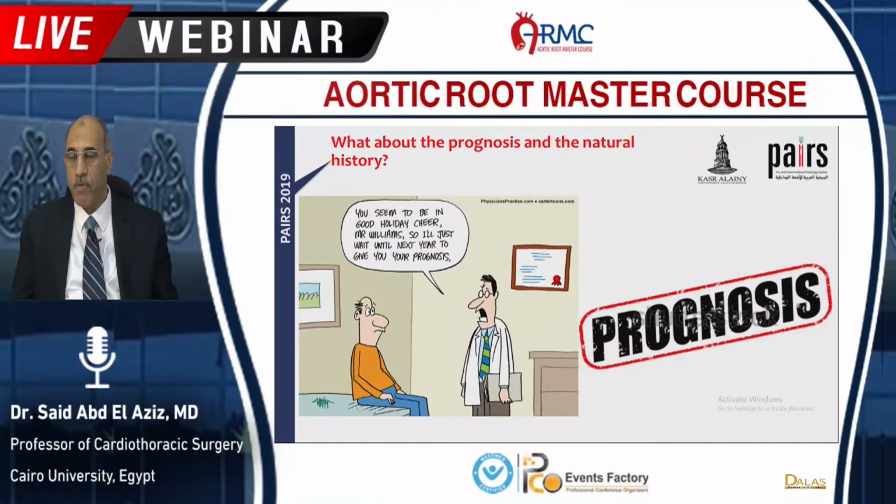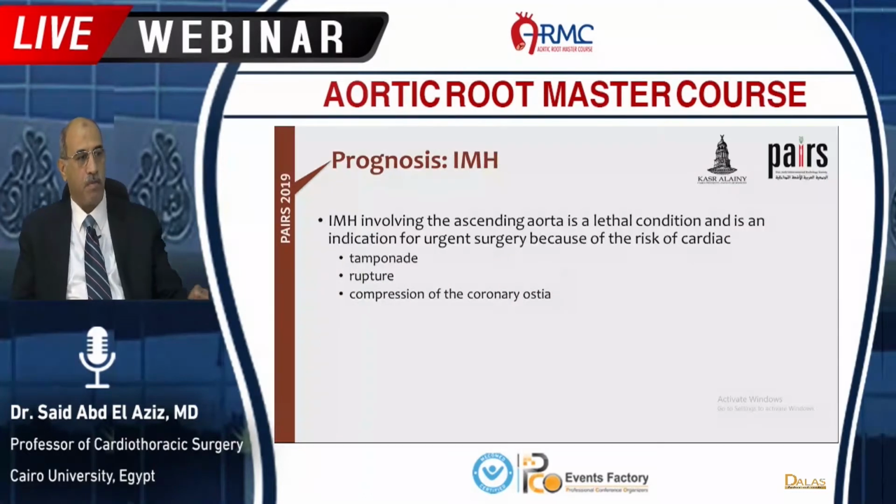What about the prognosis of the penetrating aortic ulcer and intramural hematoma? Let us see. For the intramural hematoma, if it involves the ascending aorta, it is a lethal condition and an indication for urgent surgery because of the risk of tamponade, rupture, or compression of the coronary arteries.